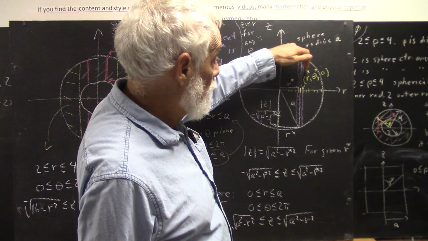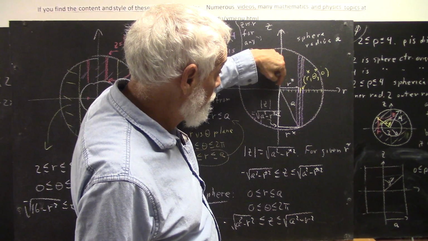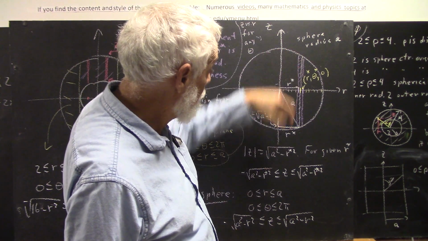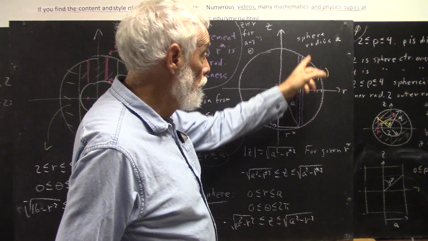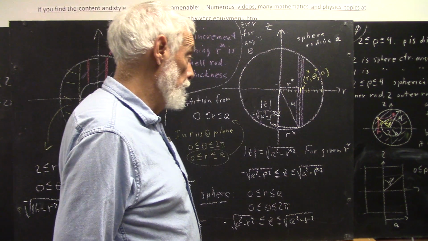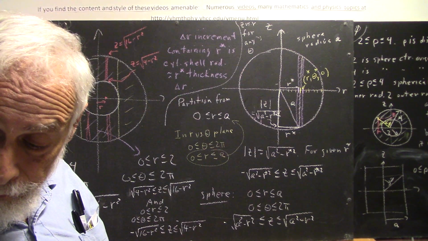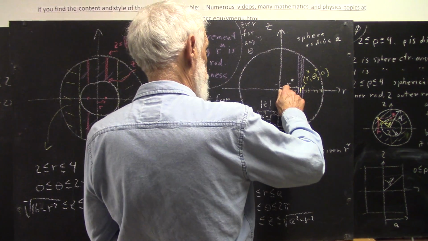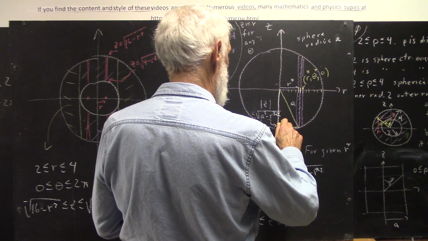If this displacement is r star, then what is the value of z down here? What is the value of z up here? We can see it easily if we look at this triangle right here.